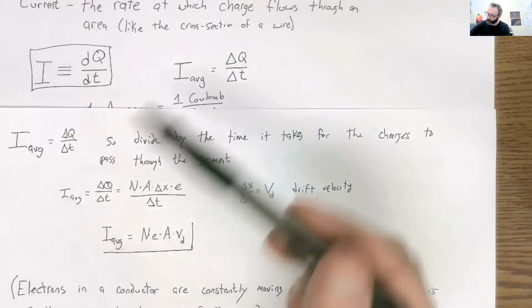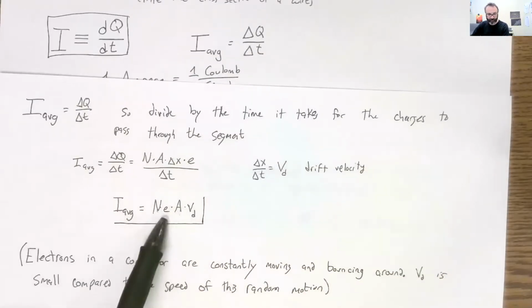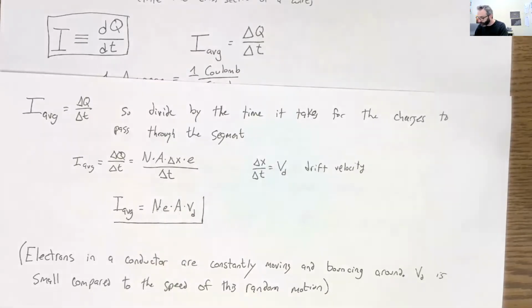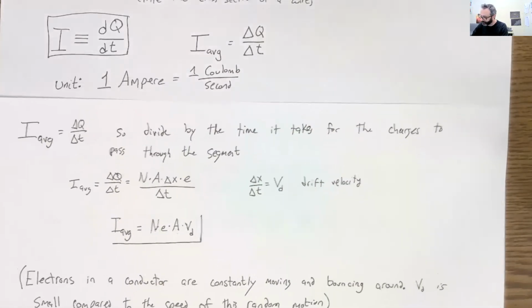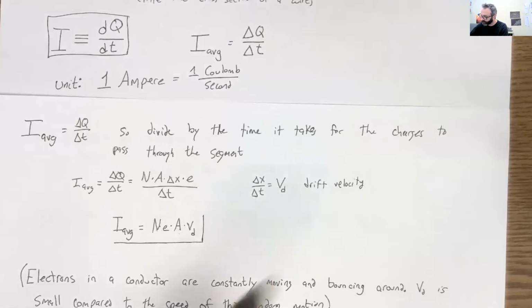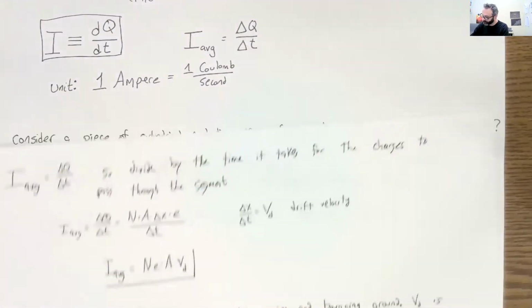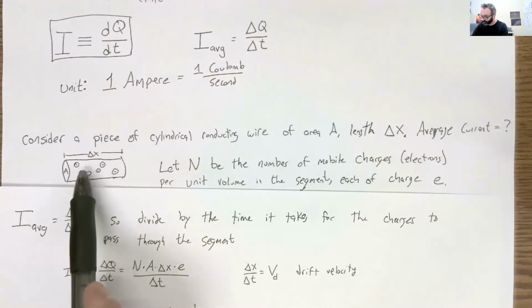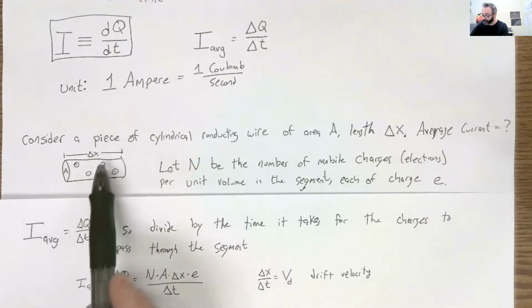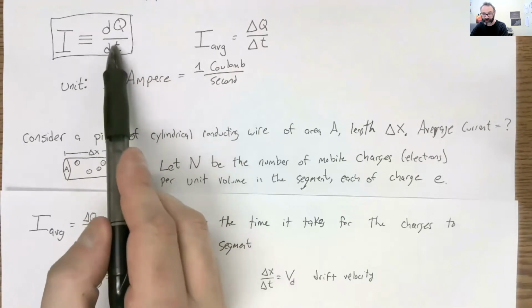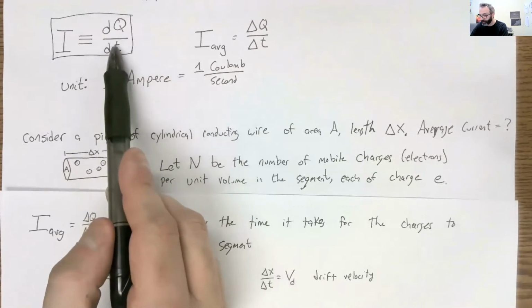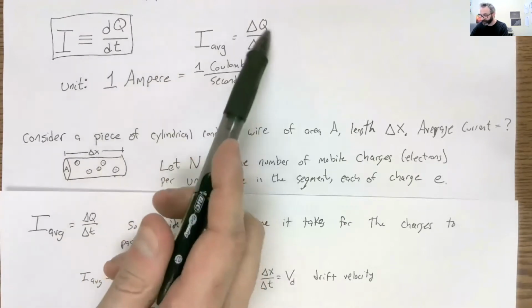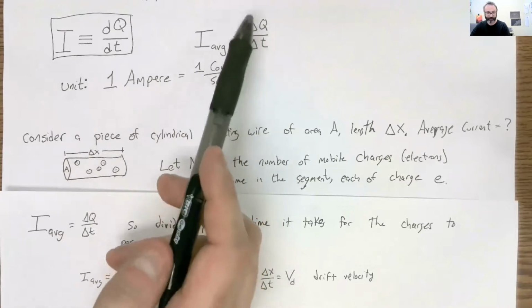Yeah, so most of the work we've been doing here to get this equation and the drift velocity, we're assuming this will be valid if we're talking about a constant current, right? So if the amount of charge isn't changing over time, then this derivative is going to simply become just charge over time.